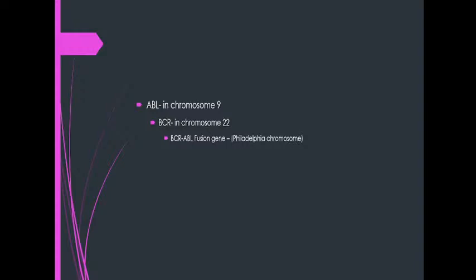Please be mindful of these. Because I remember when I was a student, we would always send out hematology samples with the title BCR-ABL, and I didn't know what it was until I started teaching hematology, and then I realized it has something to do with the Philadelphia chromosome.